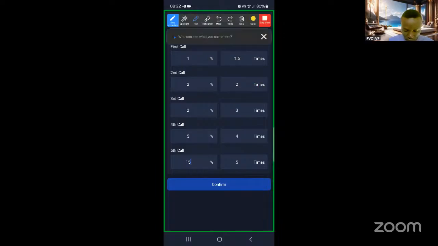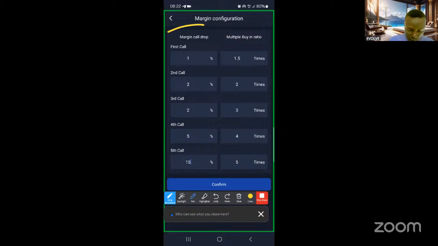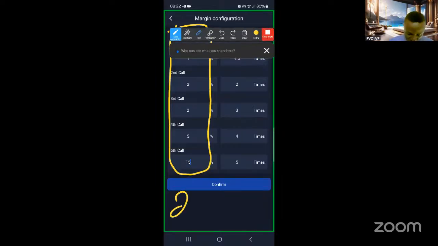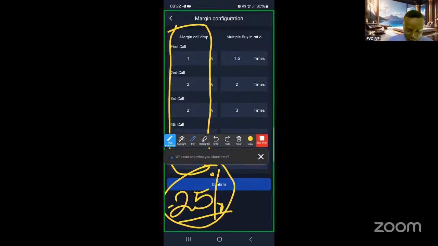Now, why have I brought you here? I've brought you here to show you how we arrive at these numbers. The total is 25%, that you expect the market to drop. How do you arrive at this number? The percentage drop, or call it the margin call drop.